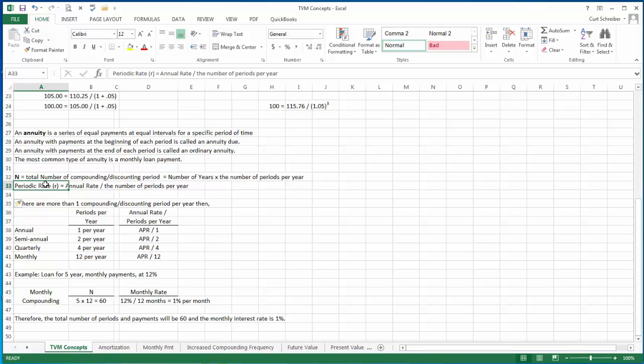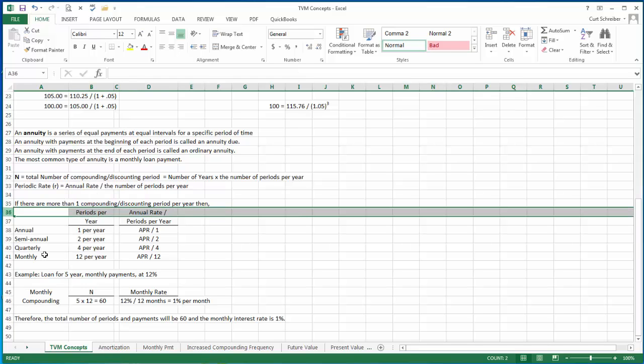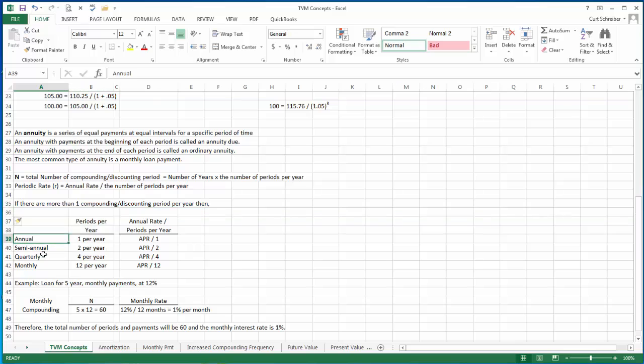In addition to that, a periodic rate, identified with a small r, is equal to the annual rate divided by the number of periods per year. So for an annual rate, the number of periods per year is equal to 1 period per year.